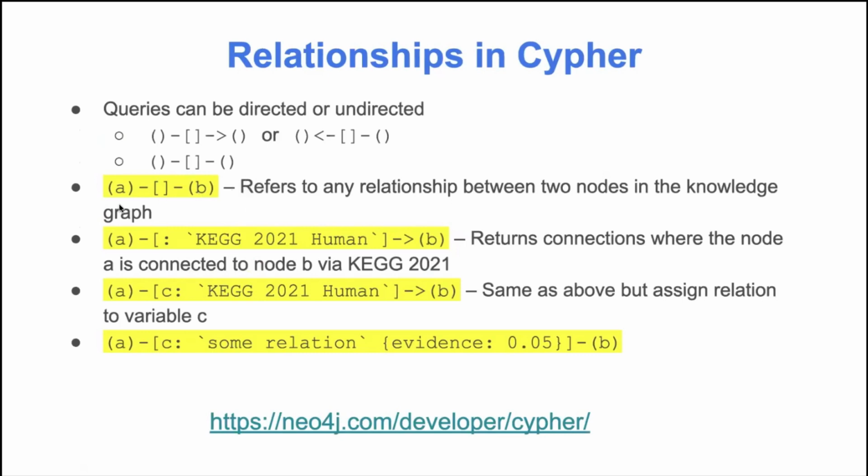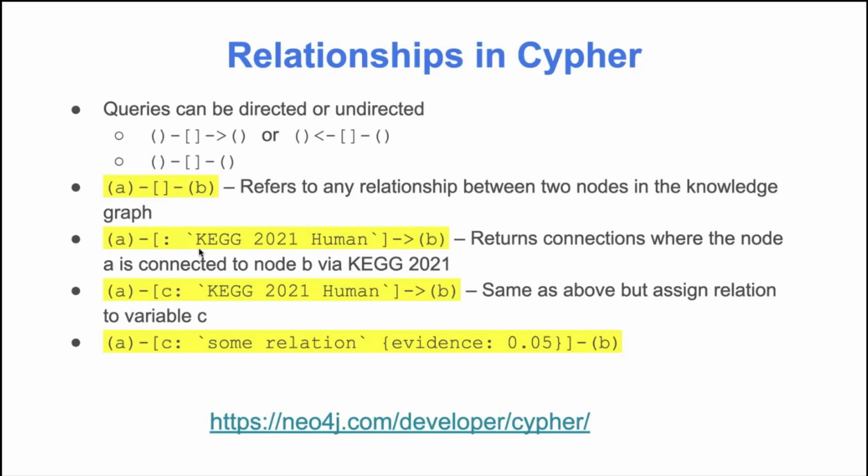So A dash square bracket dash B refers to any relationship between two nodes in the knowledge graph. Actually, you can even omit the square brackets, because dash dash dash means you're looking for any relationship.